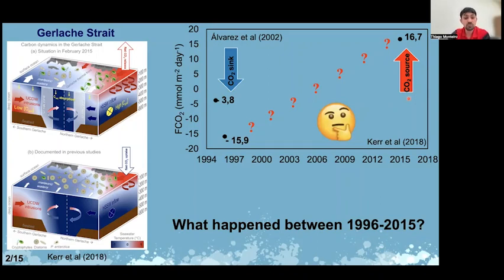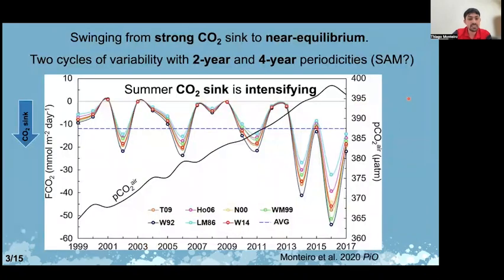And this was what I looked at during my master's degree. In this figure here, we have a quick summary of what we found out in this paper published in Progress in Oceanography in 2020.